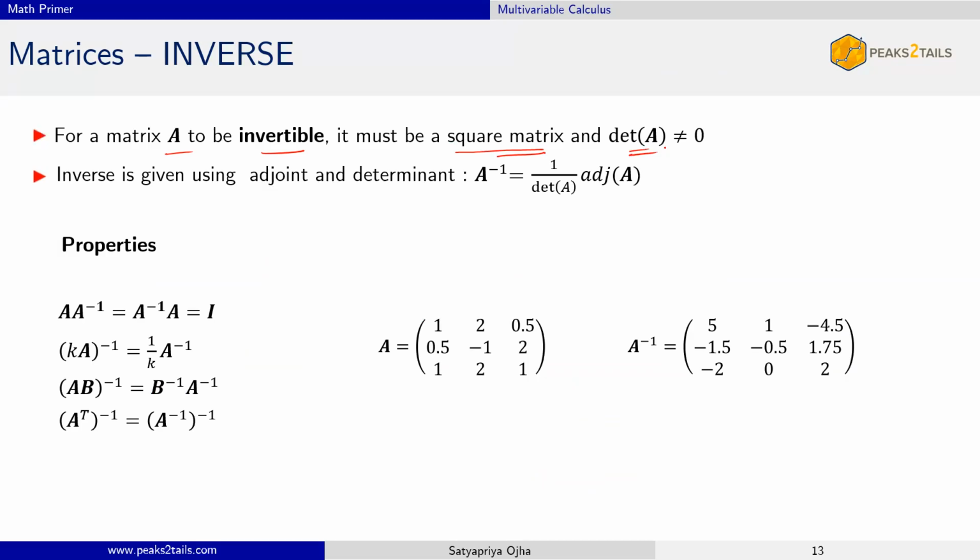It should be something other than 0. Only then A is invertible. Or you can say inverse exists if the matrix is square and determinant is non-zero. And the formula for inverse is adjoint of A divided by determinant of A. We write it as A inverse.